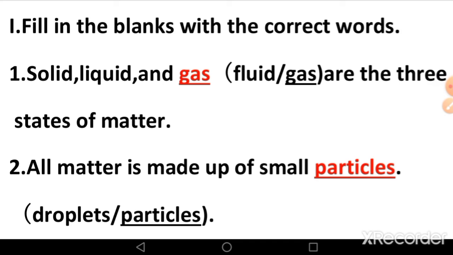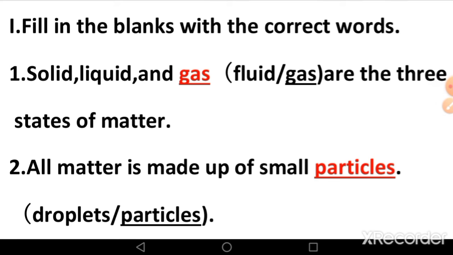Second option, GAS, bracket close, ARE, THE, THREE, STATES, OF, MATTER. Solid, liquid, and dash are the three states of matter. Answer is GAS, gas.